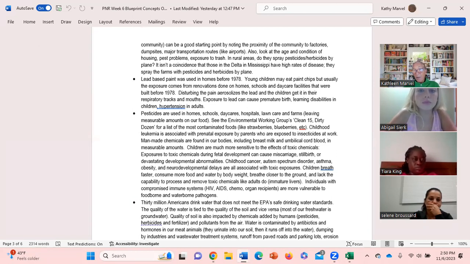Exposure to toxic chemicals, think about during pregnancy. It can cause issues with fetal development, miscarriage, stillbirth, or maybe some developmental abnormalities, including childhood cancer, autism, ASD, autism spectrum disorder, right?